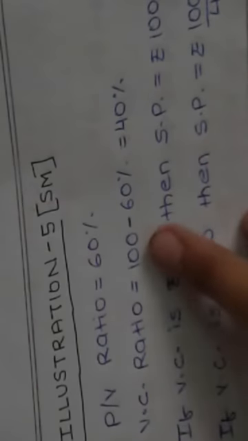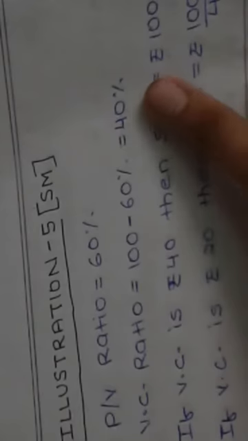And if variable cost ratio is given, then PV ratio is equal to 100% minus variable cost ratio. In this case PV ratio is given 60%, so variable cost ratio is equal to 100% minus 60%, 40%.